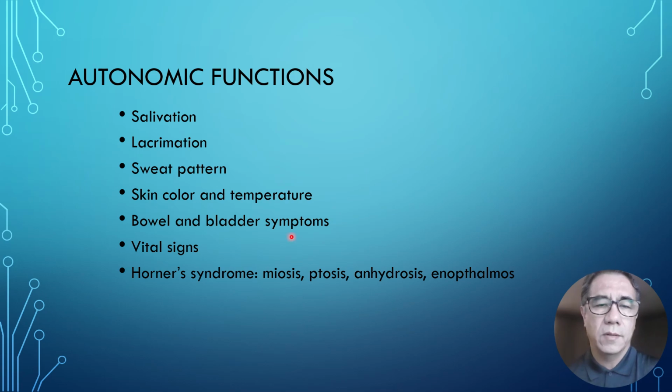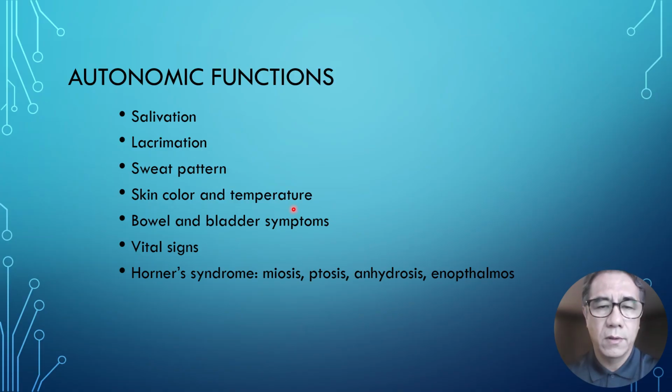and these can be observed if there's abnormal salivation, lacrimation, if one area is sweating more than the other. As far as the skin is concerned, if the patient's skin is pale and with cool, clammy skin, that's also a sign of dysautonomia.